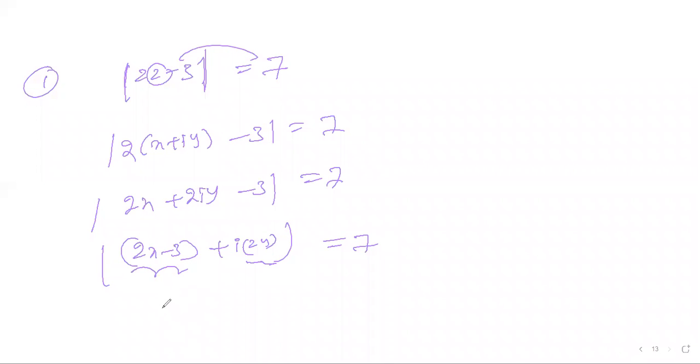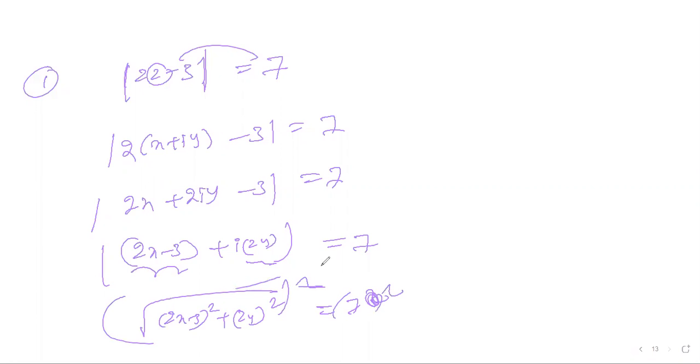Now what you have to do? Open the modulus: (2x minus 3) whole square plus (2y) whole square is equal to 7 square. This is not 7 square, just 7 only, modulus of 7. Next we do squaring on both sides to make the root go out, so this is going to cancel. (2x minus 3) whole square plus (2y) whole square, and 7 times 7 is 49 here.